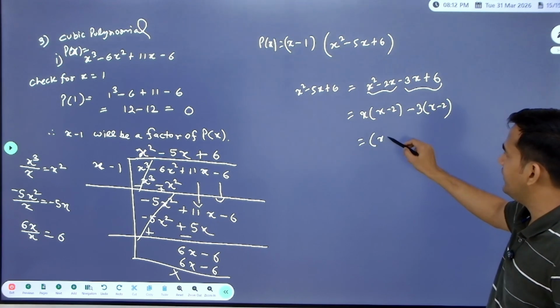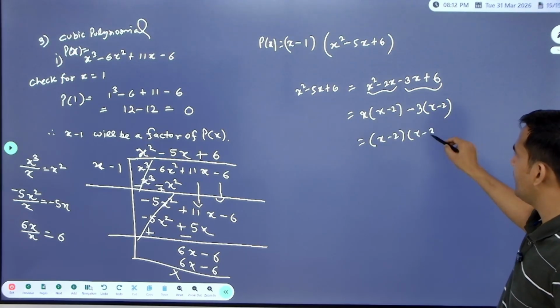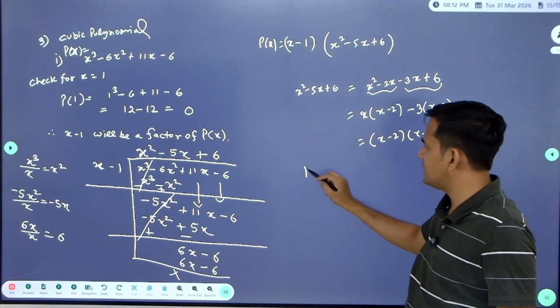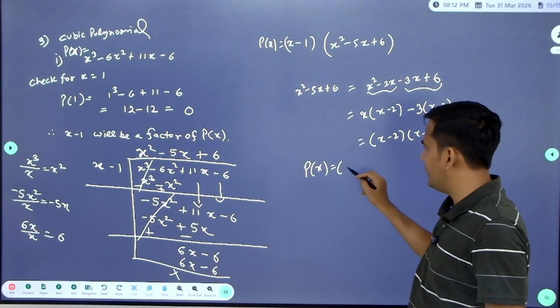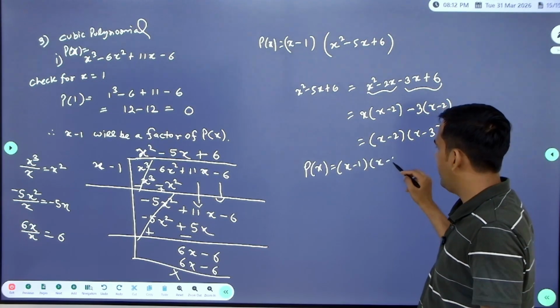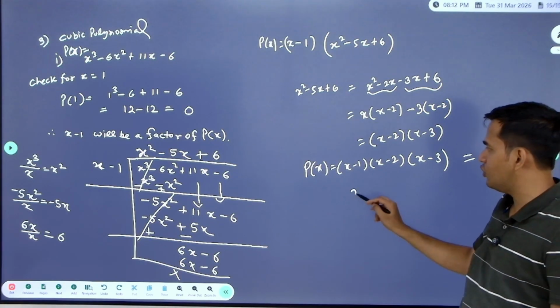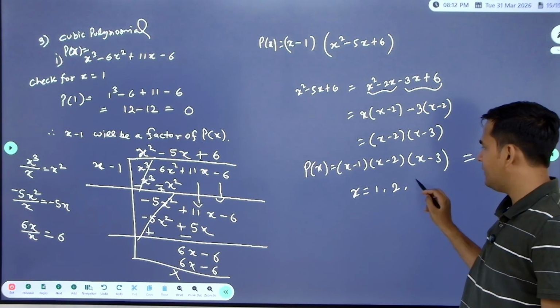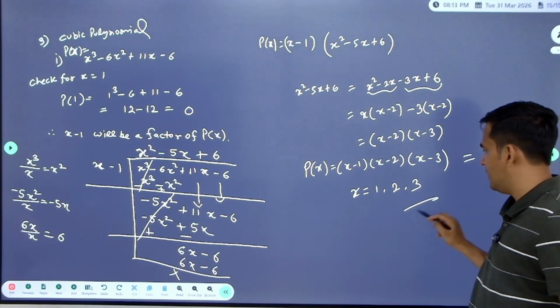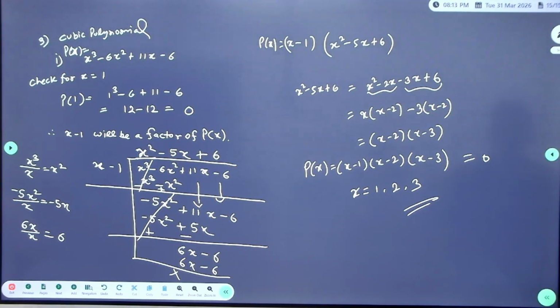So x minus 2 into x minus 3. So we can write it here: P(x) is equal to x minus 1, x minus 2, x minus 3. Equate it to 0, you will get x equal to 1, 2, 3, and these are the zeros of this polynomial.